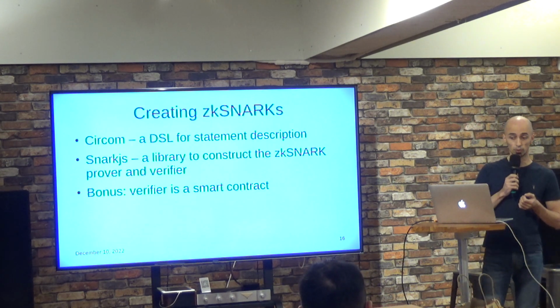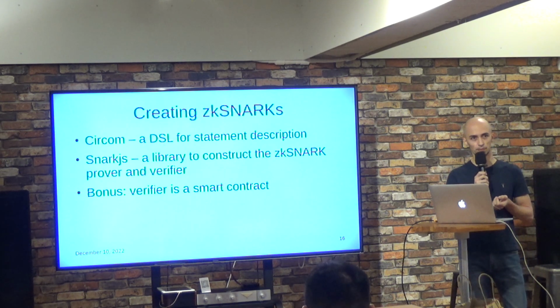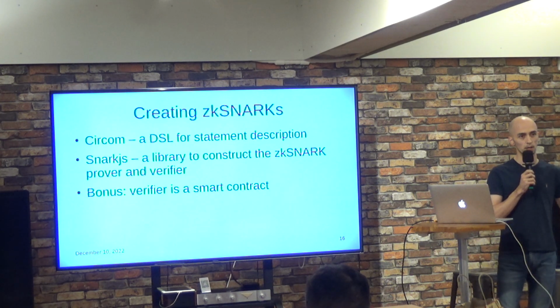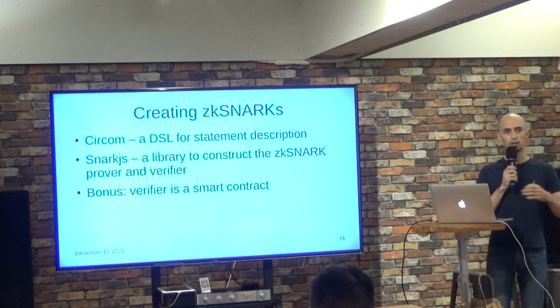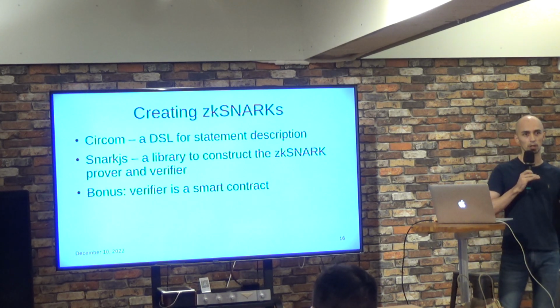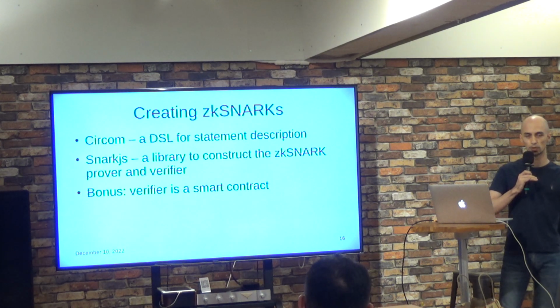But what's important for us here is that, first of all, it's ZK, zero knowledge, and second, it's non-interactive, so the prover can independently generate the proof and the verifier can later verify it. They don't have to stay online, they don't have to communicate in real time to do so.